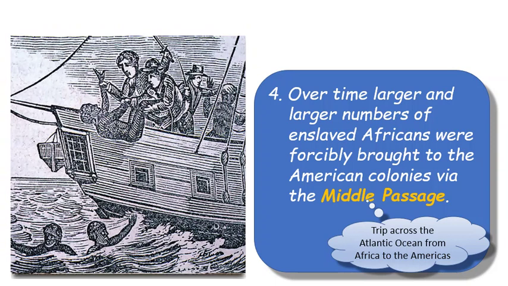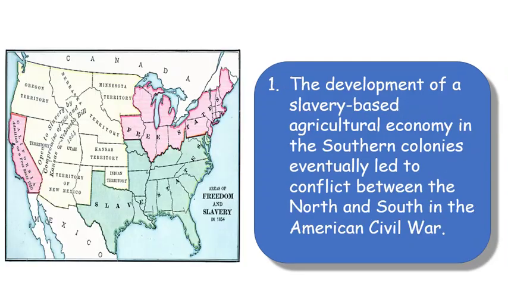Again, a slave on a slave ship coming across the Middle Passage, from a purely economic standpoint, they were a product. Okay, and that's sort of the tragedy and the inhumanity of it. That just the same as a defective product, gets tossed aside. A slave who became sick or somehow not able to do labor, oftentimes would have just been thrown over the side of the boat. So just kind of the horrendous conditions here involved in the slave trade across the Atlantic Ocean.